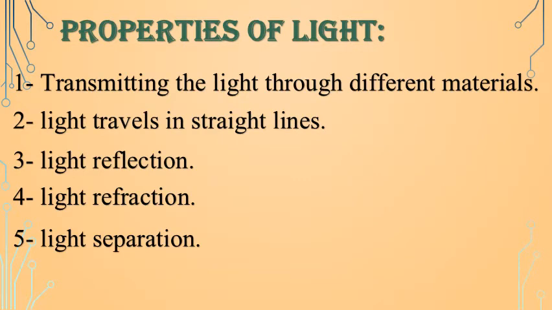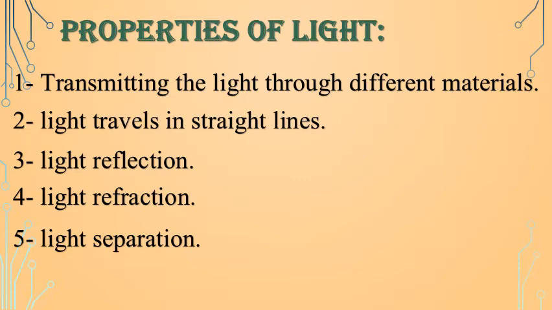Light has some properties. Do you know the meaning of properties? Properties means characteristics. So, what are these properties or characteristics that belong to light or describe light? First one is transmitting the light through different materials. Second one, light travels in straight lines.